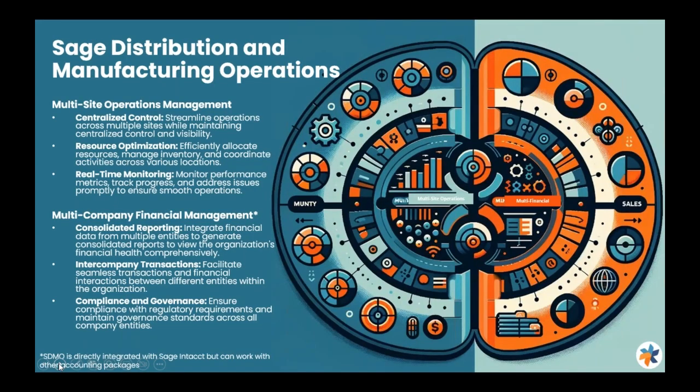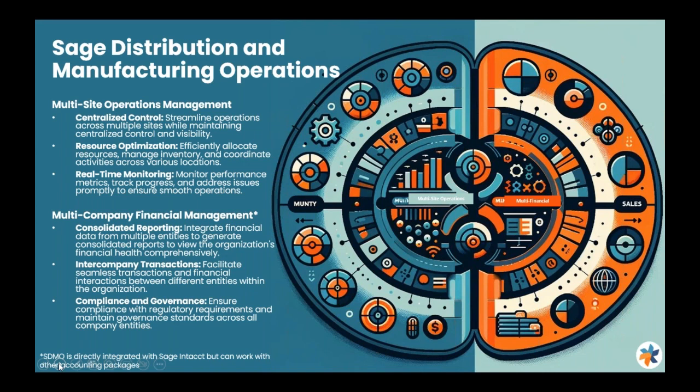And if you pair SDMO with Sage Intacct, now you're leveraging the multi-site operations management of SDMO, but then pairing it with the strength of Sage Intacct. So when SDMO was first written, the intent was that it was going to be a direct integration with Sage Intacct, which it is. But as we've been out in the marketplace, we're really seeing a need for companies who maybe have QuickBooks or Sage 50 to have the ability to integrate their accounting package with a stronger distribution software.